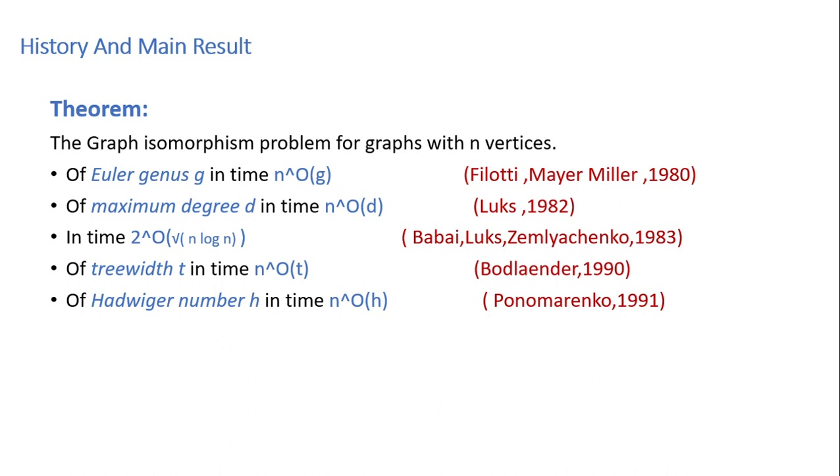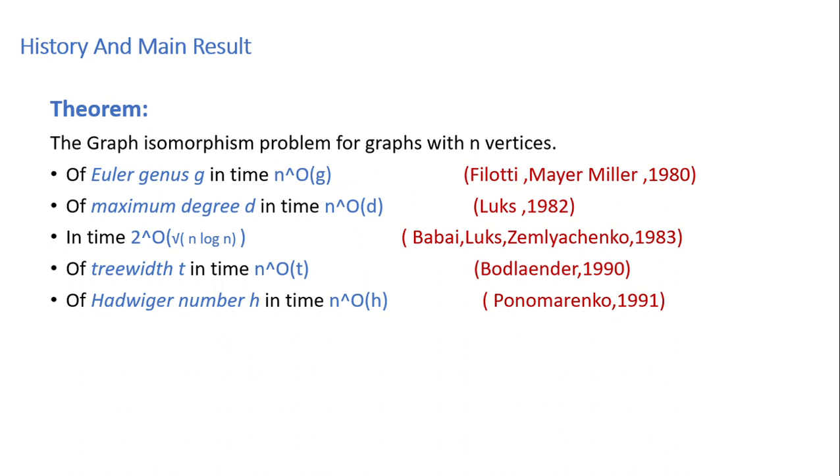After 2 years, Luks gave another bound, n to the power big O of d, where d is the maximum degree. And after 1 year, Babai with Luks extended the results, and gave big O of the square root of n log n.